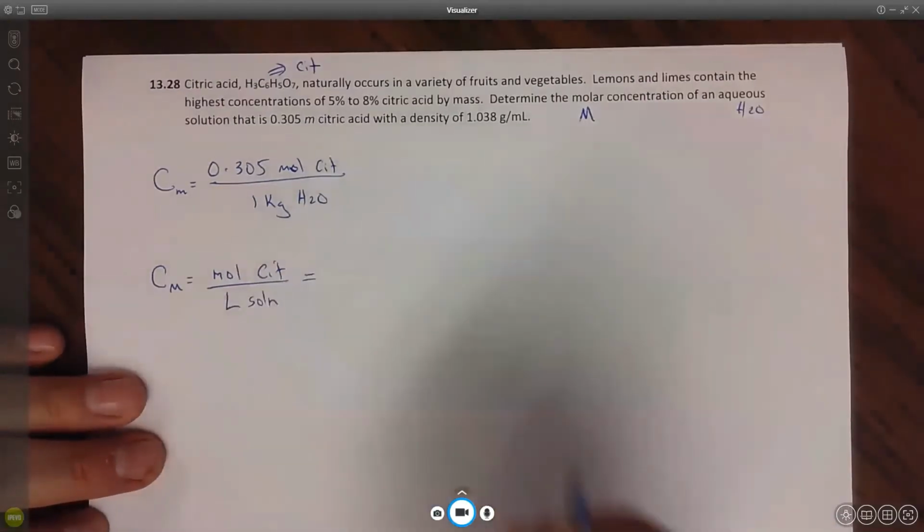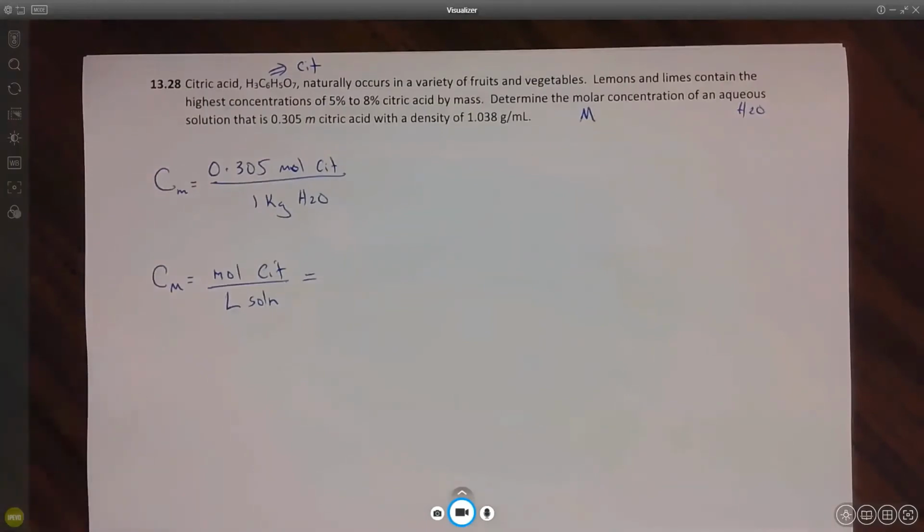So what are the moles of citric acid going to be? Eugenie, what do you think? What are the moles of citric acid going to be? You got to hit your space bar. 5 to 8%. No, moles. That's a percent. That's actually a mass percent.